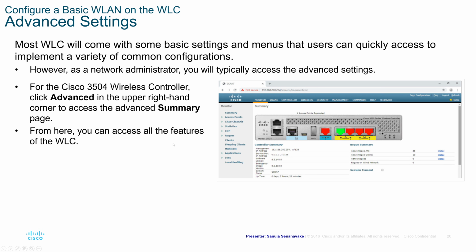From here you can access all the other features of the WLC, such as statistics on CDP. You can configure the controller, configure security, and change the management interface information and IP addresses. You can also set up much more advanced settings within each of these sections in this advanced configuration mode.